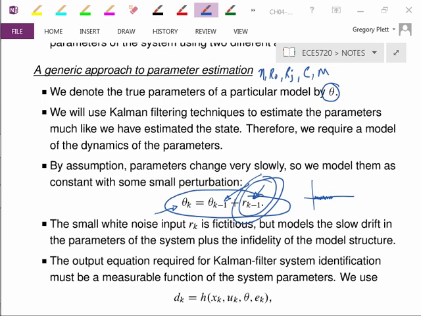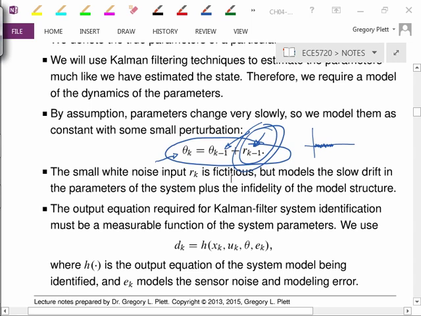So for any kind of Kalman filter, we need a dynamics equation, which we previously called a state equation. Now we might think of it almost as a parameter equation. We also need a measurement equation. Somehow we have to be able to measure something physical that reflects in some way a change in a parameter value.